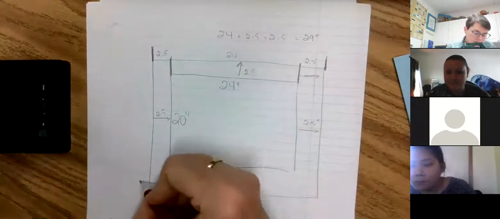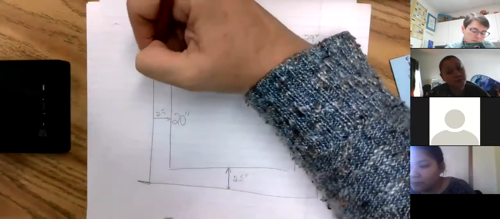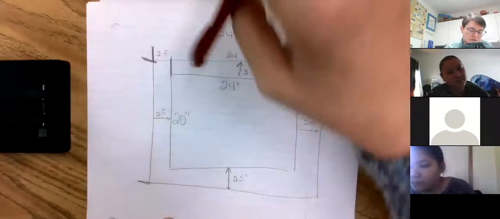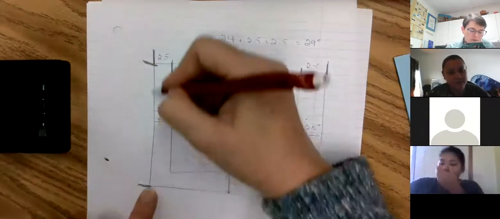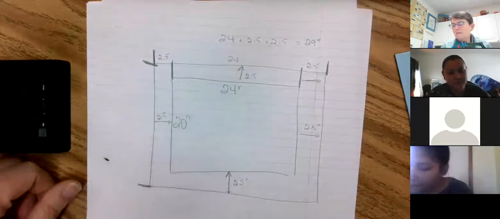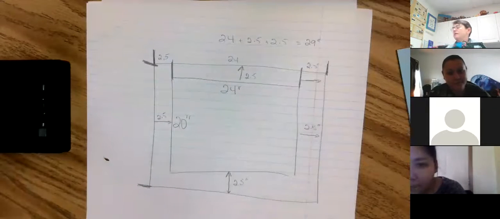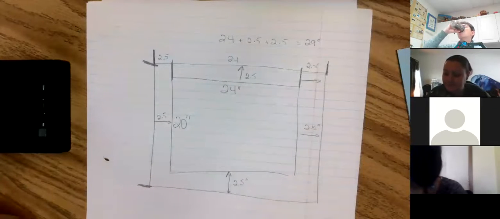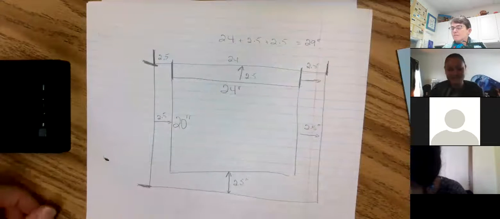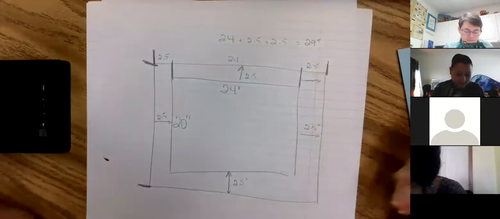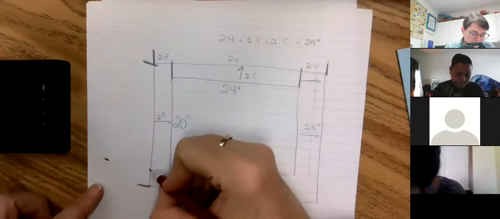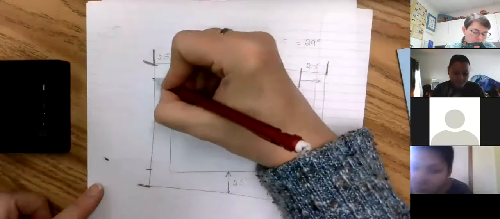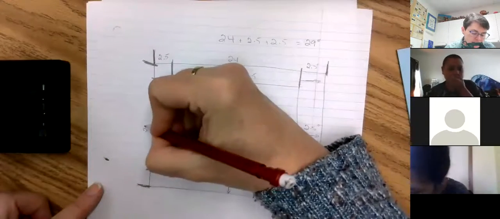So now I want you to figure out the distance from here, the length of the frame from here to here. And it's going to be similar, not exactly the same answer, but similar. So the middle part's going to be 20.